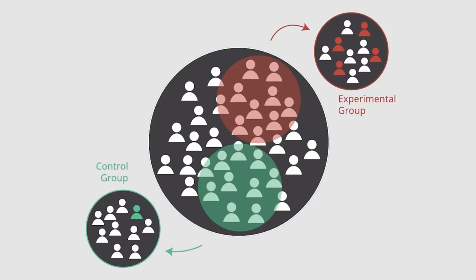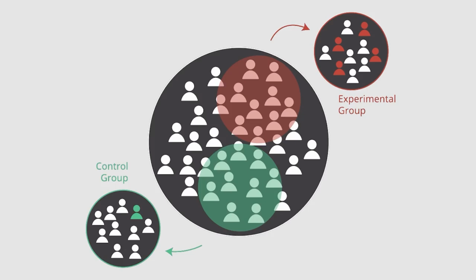So now let's talk a little bit more about this control group and what it looks like. Now the control group and the experimental group are both pulled from the same sample. As you can see, both of these groups of participants are pulled from the same sample. This is important for considerations of reliability. Remember, reliability is consistency, and it's also important for considerations of generalizability in the sense of how a study's findings can be applied across different populations.